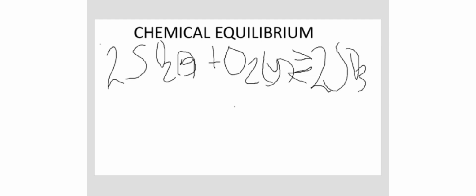Also, I won't give the concentrations, so that we are just fluent with how to write the equilibrium expression. So our Kc will be equal to SO3 to the power 2.